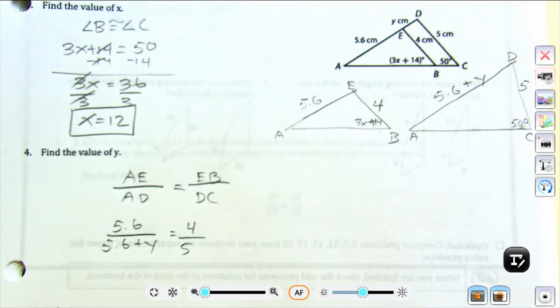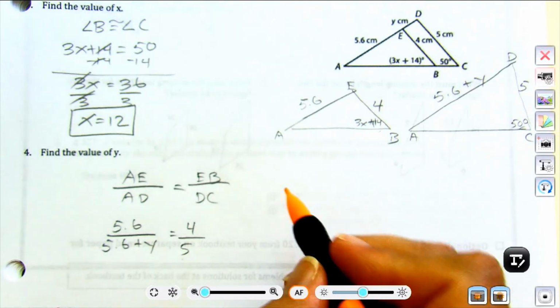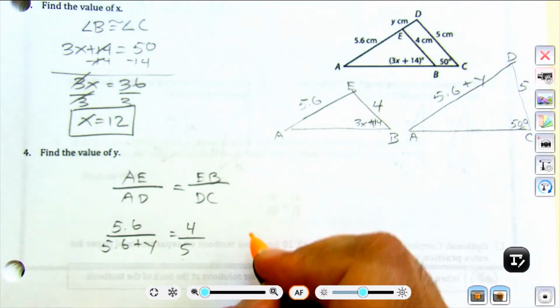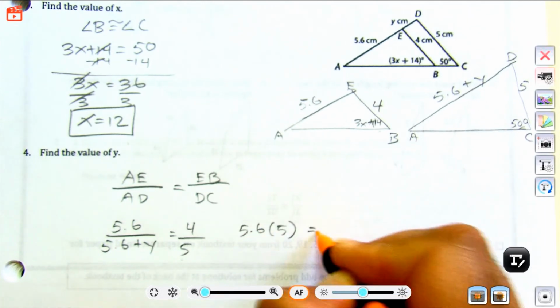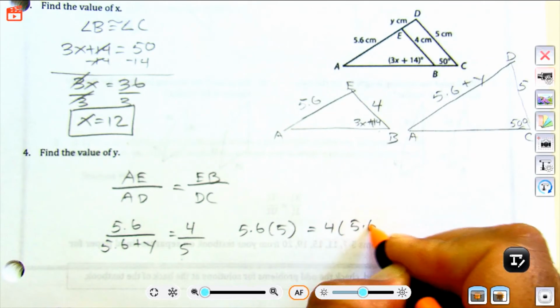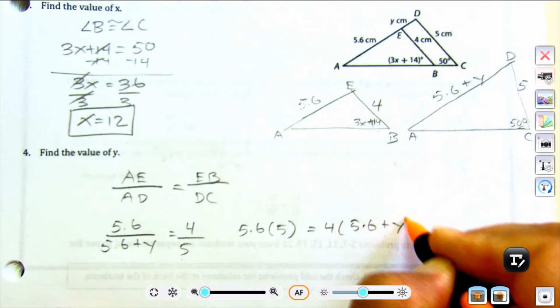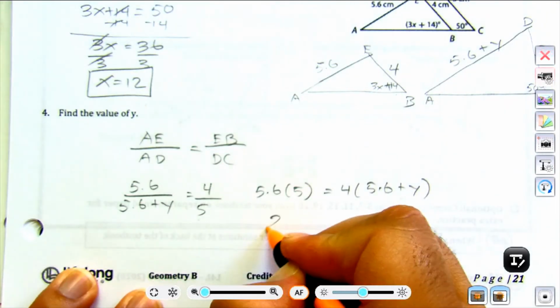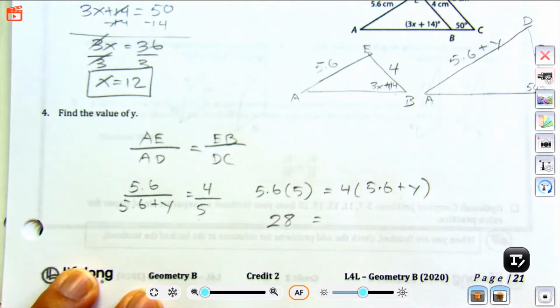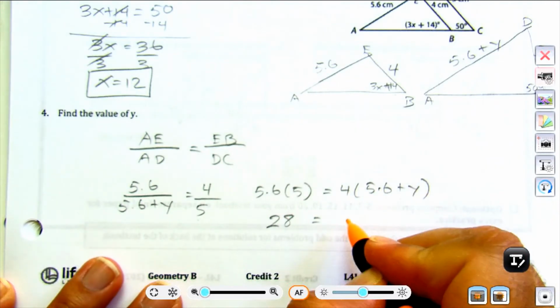So when we multiply 5.6 times 5, let me show my work. We're going to have 5.6 times 5 is equal to 4 times 5.6 plus y. So I'm cross multiplying. 5.6 times 5 is 28. 4 times 5.6, let me get a calculator for that.